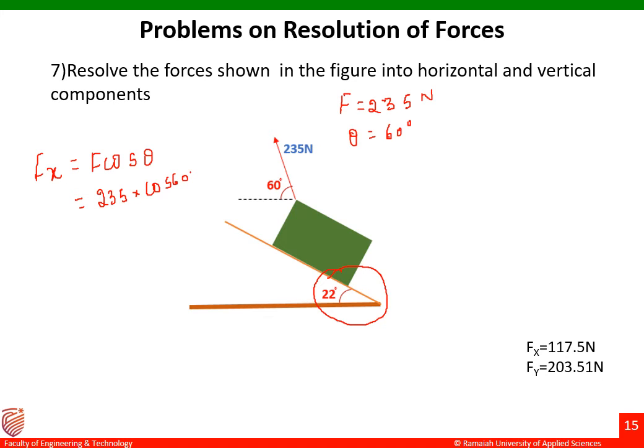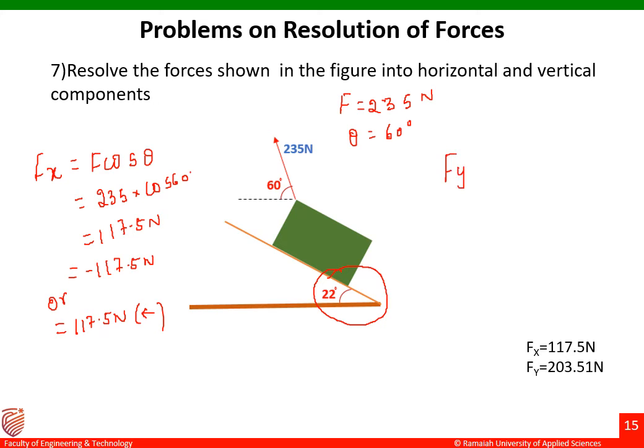Okay, so cos 60 into 235, you are going to get the answer as 117.5 Newton there. Okay, so you can see the force 235 Newton is falling in second quadrant. That means my Fx value would be minus 117.5 Newton there, or it can also be written as 117.5 Newton. You have to mention the direction of x component.